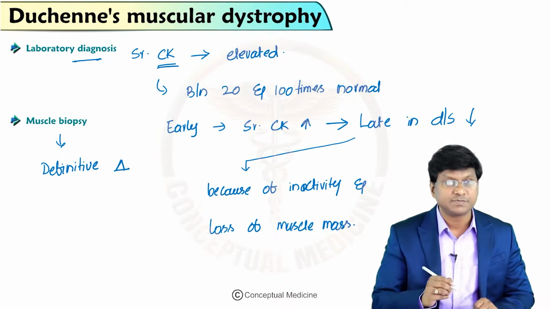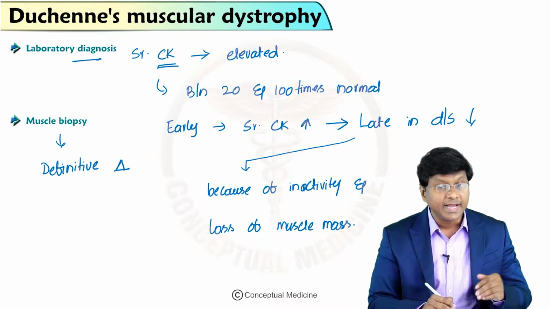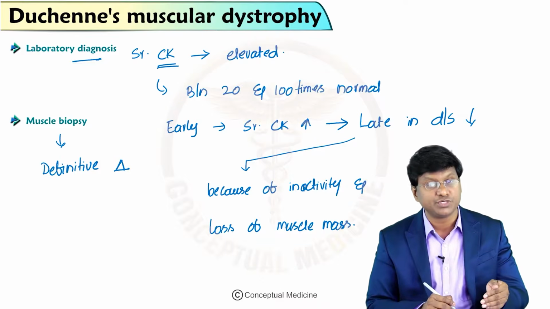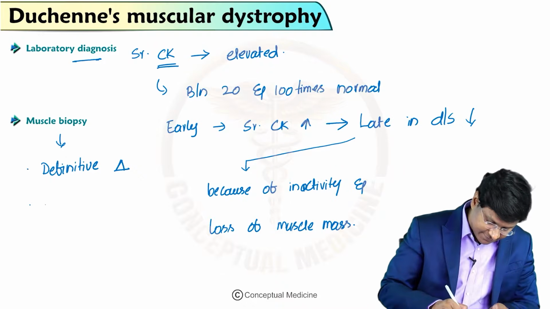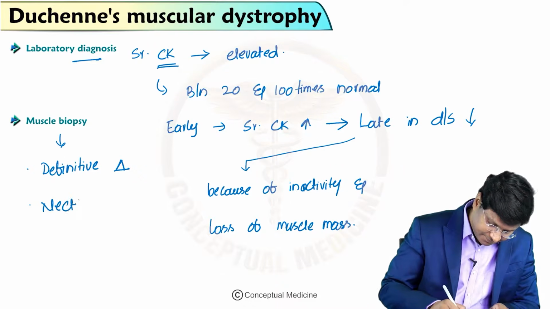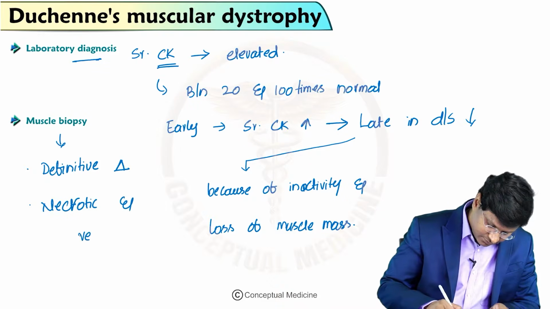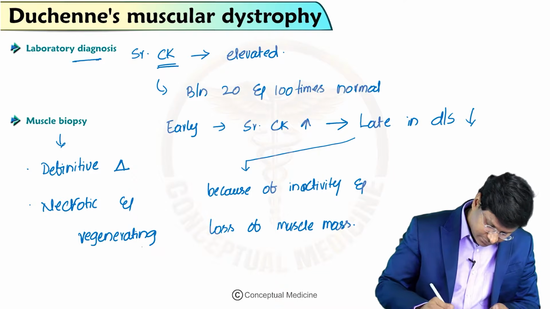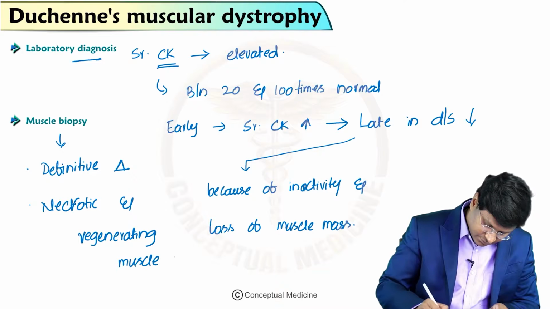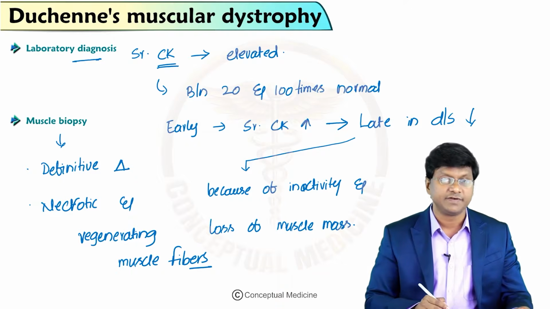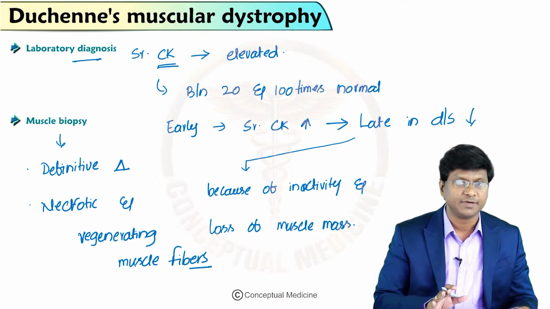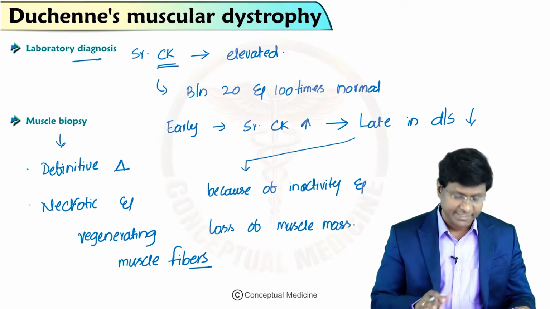And what will the biopsied muscle tissue show you? Necrotic and regenerating muscle fibers are seen. So that will be the muscle biopsy picture in patients with Duchenne muscular dystrophy.